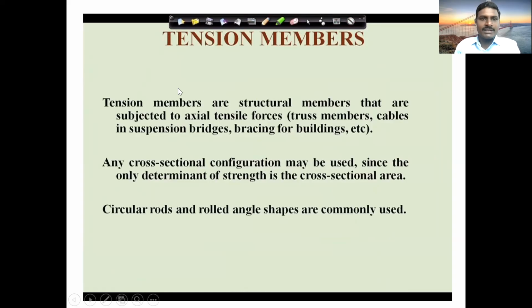So you can write the definition of tension member. Everyone, please write down this first sentence, that is the definition of tension member.